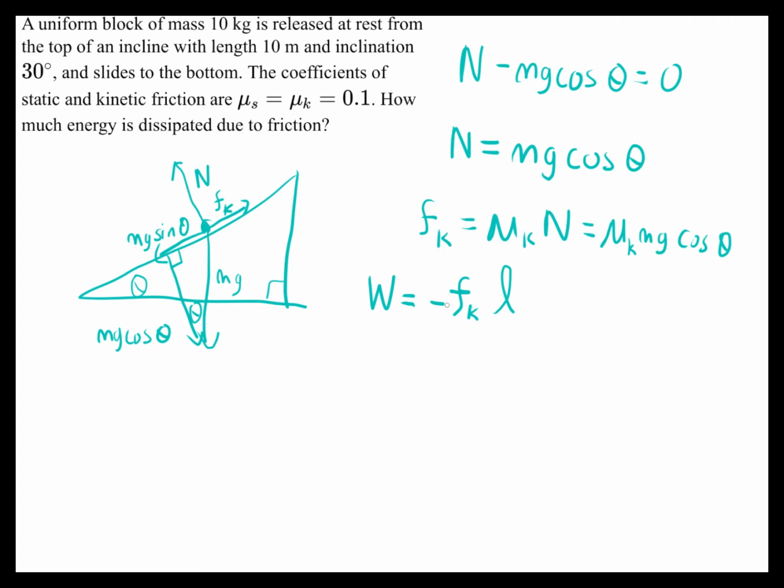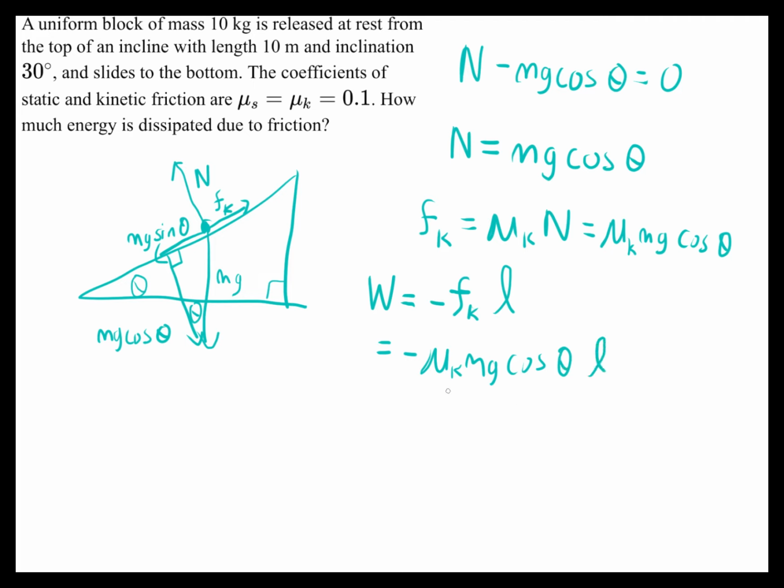And this negative is here because it's opposing the direction of motion. So this is going to be equal to negative of the coefficient of kinetic friction times mg cosine theta times L.